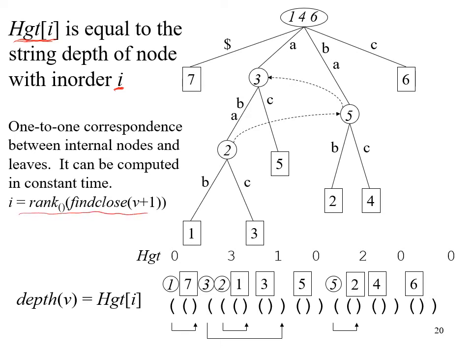So given the node V, we can compute the in-order in constant time, and then we look at the height array. Then we obtain the string depth of a node.